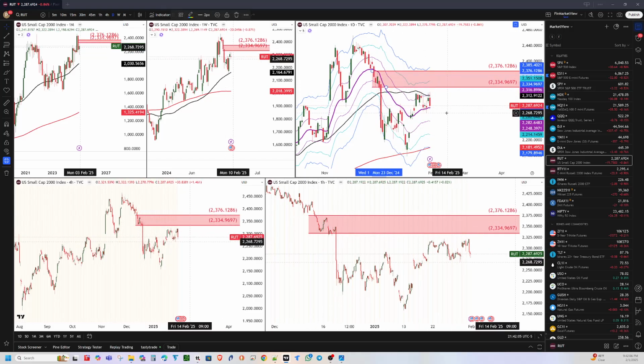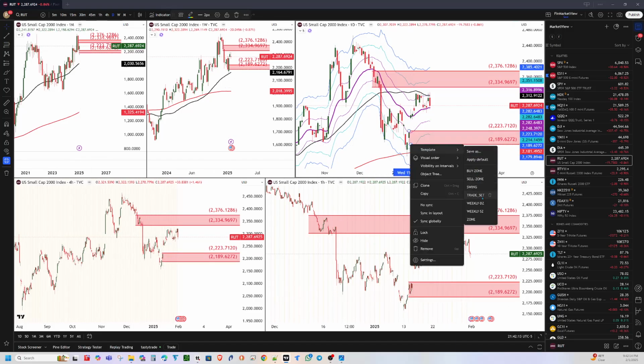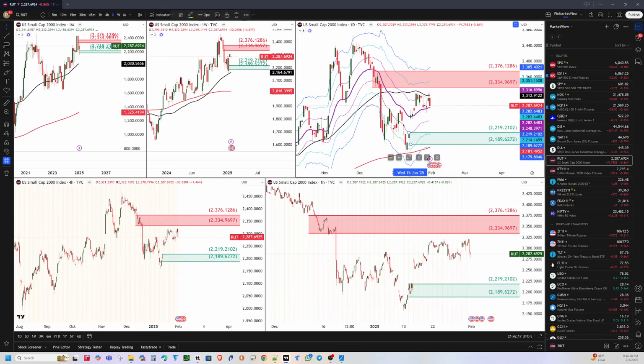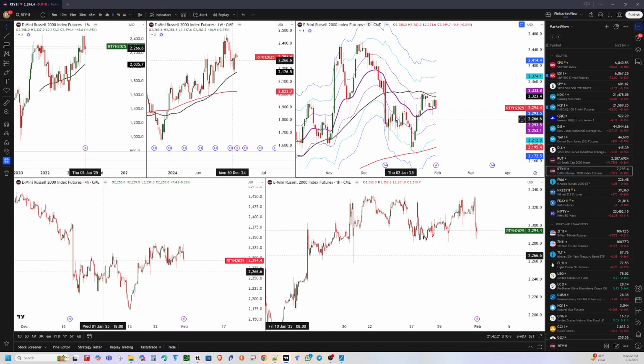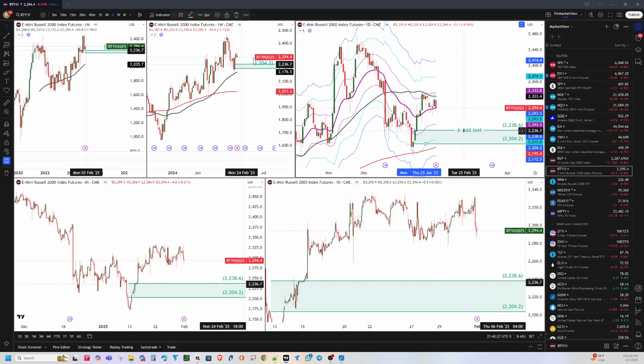If the small caps have a few earnings and if the market tanks a little bit, then I expect the price to come back to this area on the Russell, which is 2023, and E-mini Russell futures, which is the same area I am looking at, 2034.